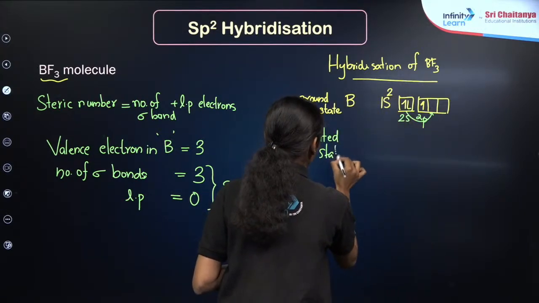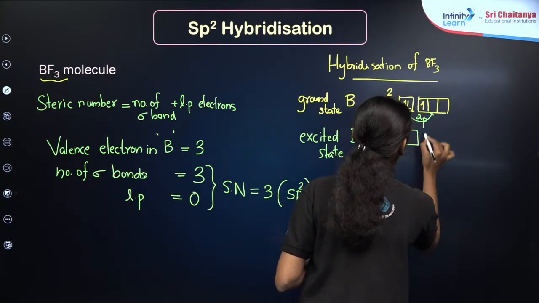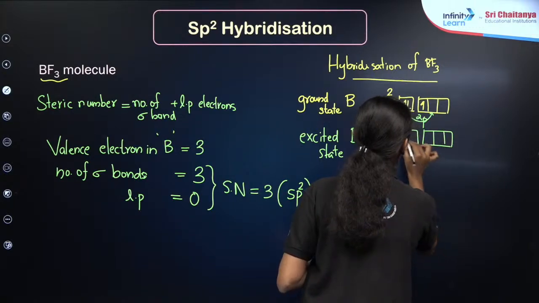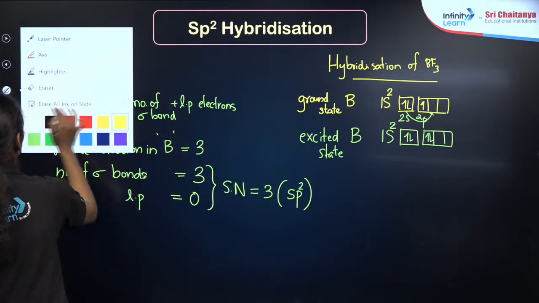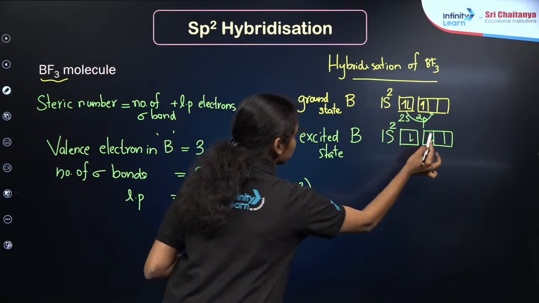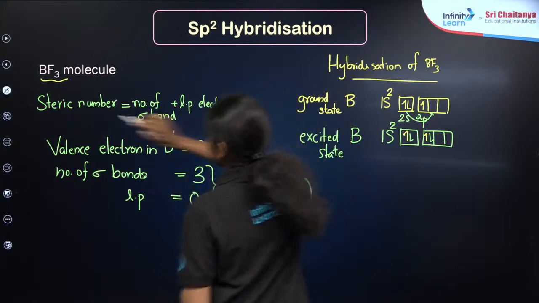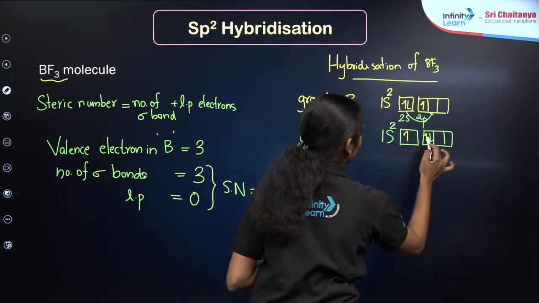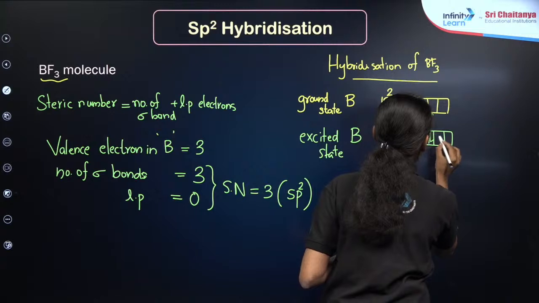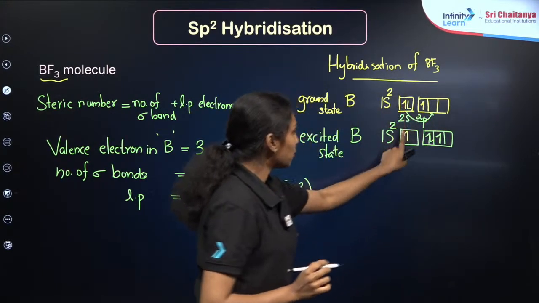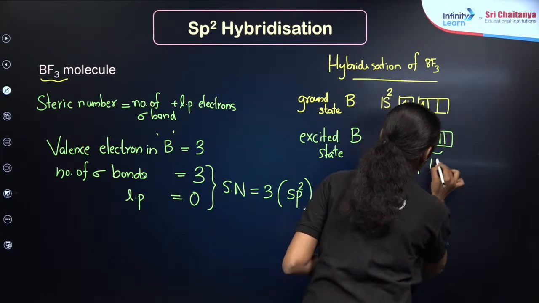So the excited state electronic configuration of boron will be again 1s2, and with one electron from the 2s orbital going to the 2p orbital, it will form sp2 hybridized orbitals, right?